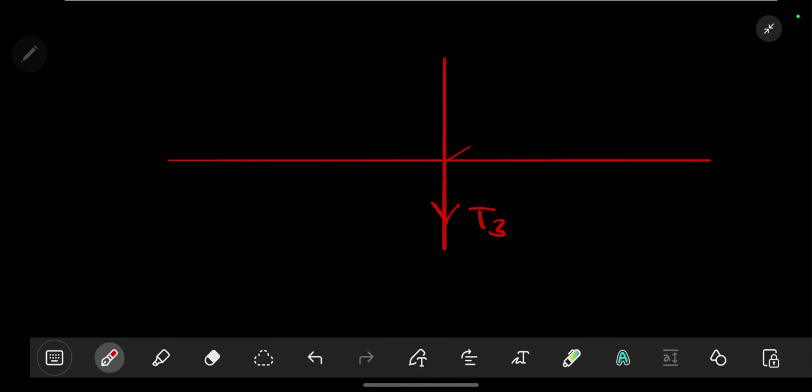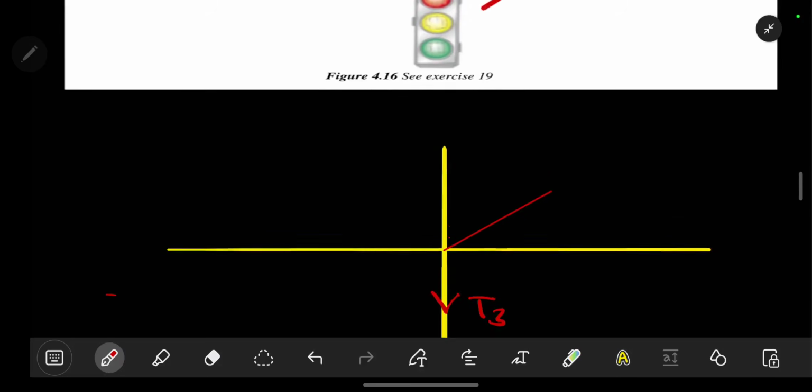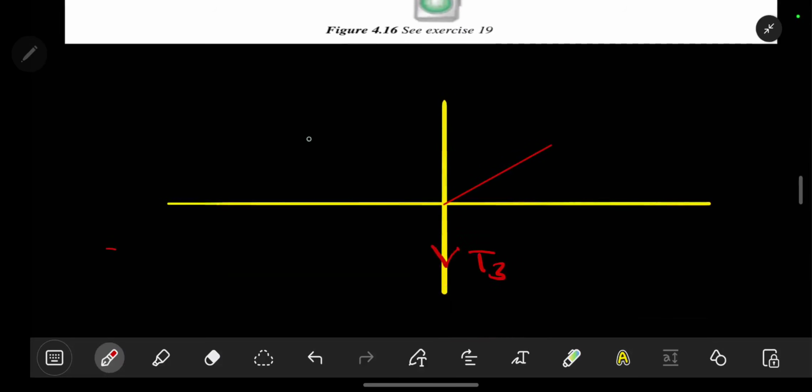Then we have another one looking like that. Let's change the color to add contrast. Then we have something like this on this side, so we are going to have a straight line like that. So this is what we have.